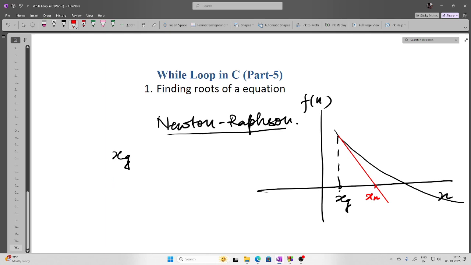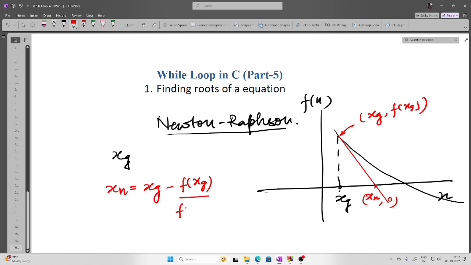Based on the coordinates xn comma 0 and xg comma f(xg), I should be able to find the equation of a line containing the slope. So what will it become? The new value will become the guess value minus f(x guess) by f prime(x guess). This is a very simple equation. You just have to find the equation of a line. That's it.